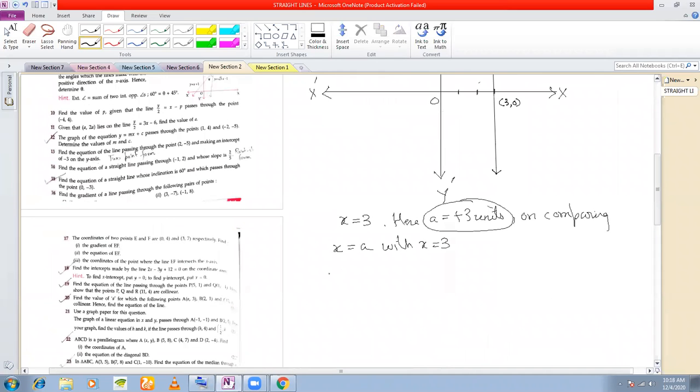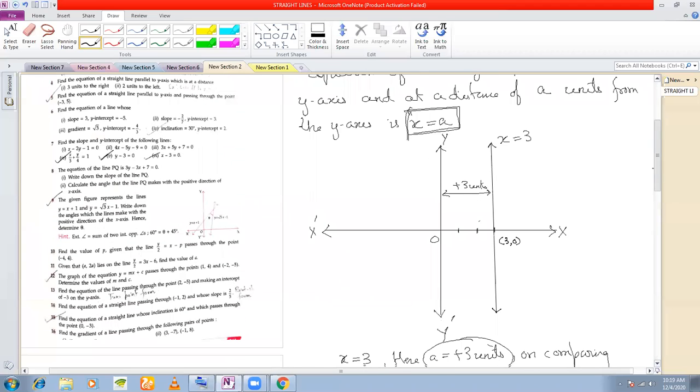Suppose you need to draw x is equal to minus 4. How will you draw? On comparing x is equal to a with x is equal to minus 4, I've got a is equal to minus 4.